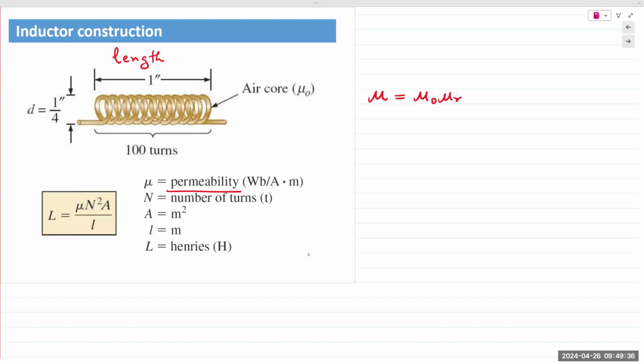If there is no core material, then that material is simply air. Mu is the product of mu0 times mu r. Mu0 is the absolute permeability, and mu r is the relative permeability compared with it. Mu0 is a constant, I believe 4 pi into 10 raised to minus 7.